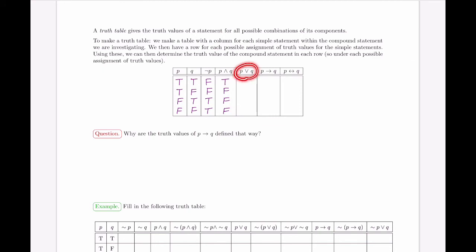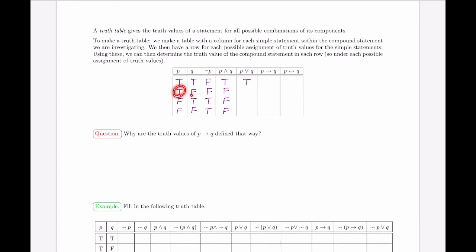In the case of an "or", we're going to see a much more forgiving situation in terms of being true. Or is true if at least one of the components is true. Okay, at least one. So let's go through. True or true in this row? Well, in fact, both of them are true, so the disjunction is going to be true. The next one, we have true or false.